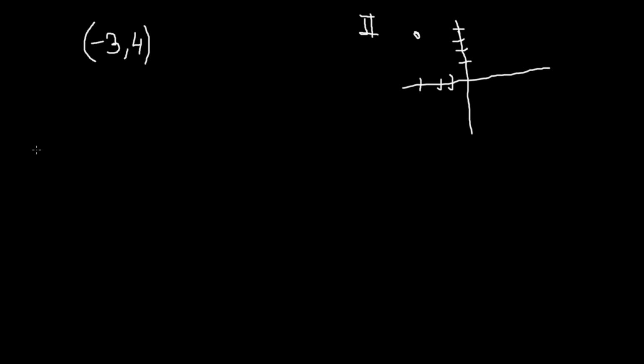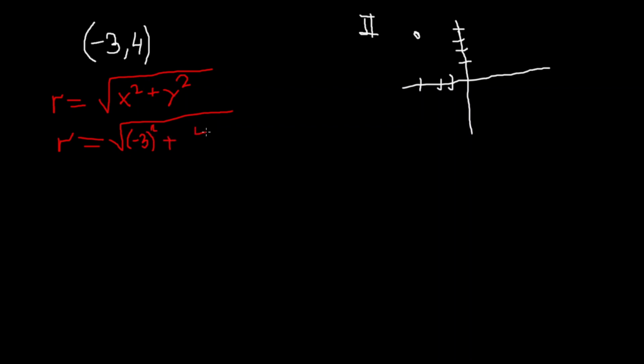Now let's find the R value. We can use the same equation as before. R equals the square root of x squared plus y squared. Now we plug in the points. X is -3 and y is 4.